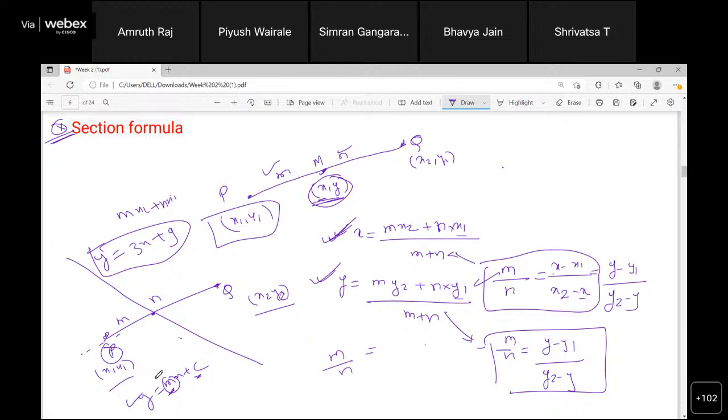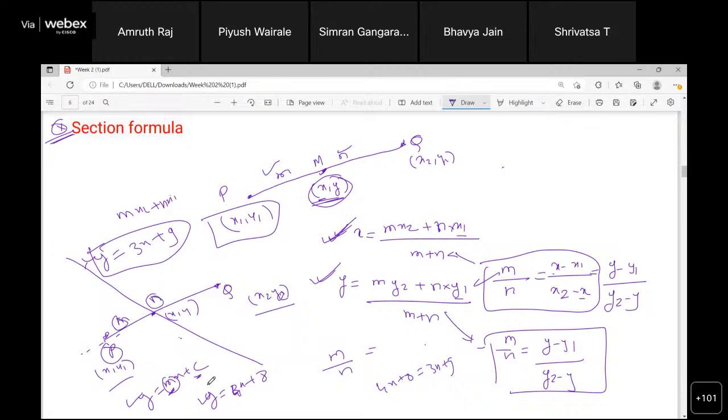Once I find the equation of this line, say for example y equals 4x plus 8, I just equate it with the other line, 3x plus 9, and find the value of the x coordinate. Put the value of x in either equation and you will get the y coordinate also. In this way you will get x comma y here by finding the intersection point. If you know x, y, x1 y1, x2 y2, then you can simply find m is to n.